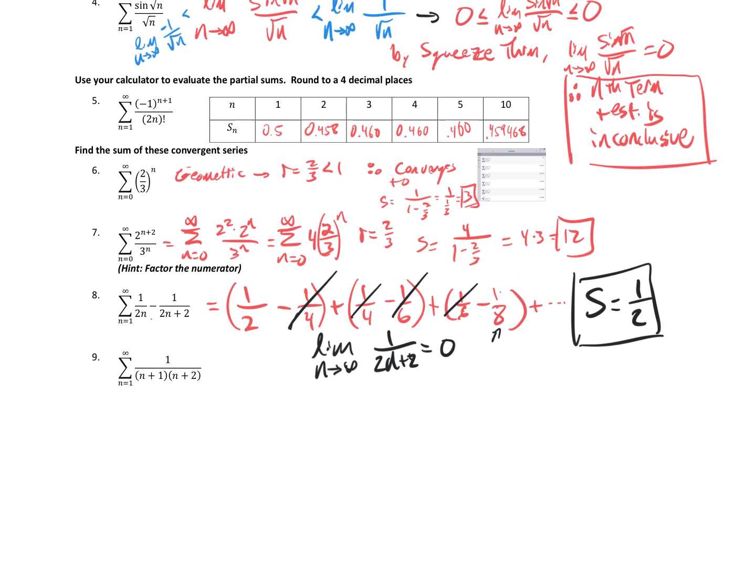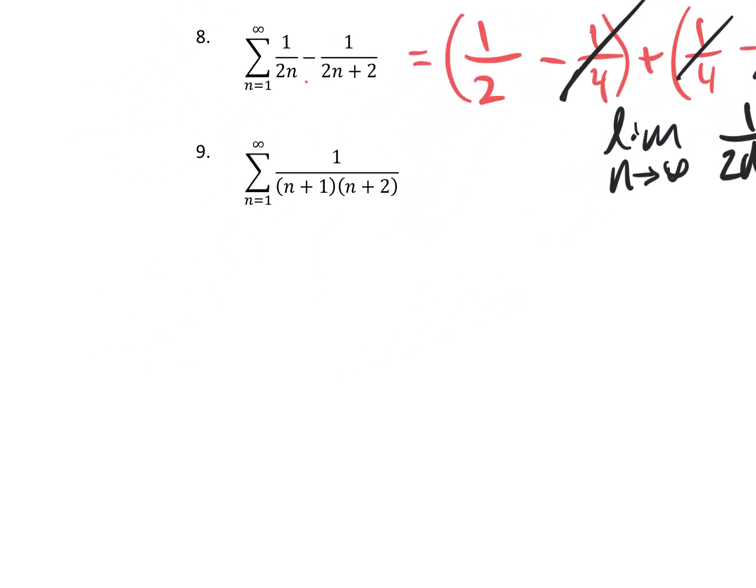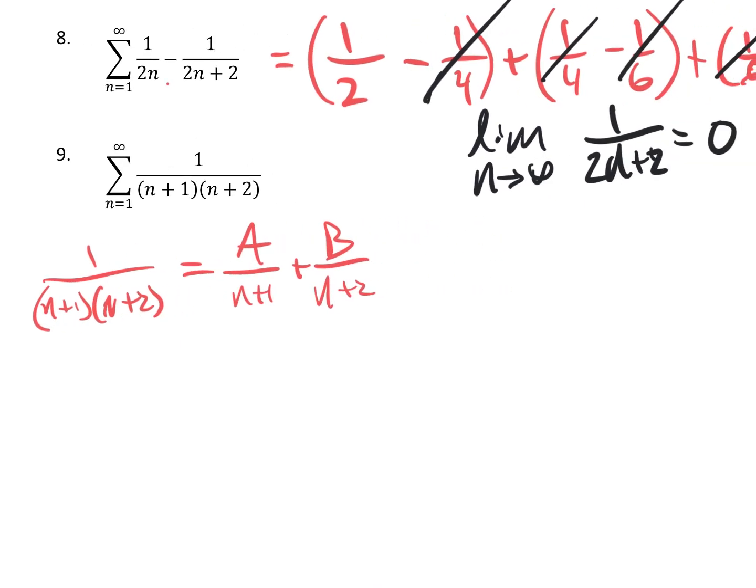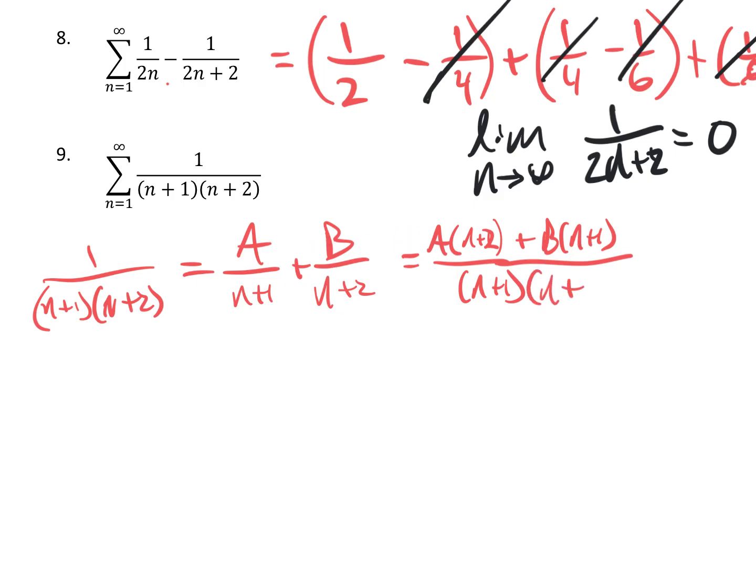So we can actually find the sum is the idea. Well, this looks like it's telescoping. In order to find that out, we have to use some partial fractions. So we say that 1 over n plus 1 times n plus 2 is equal to a over n plus 1 plus b over n plus 2, which is equal to a times n plus 2 plus b times n plus 1. We've done that quite a bit. We're just getting a common denominator, n plus 1 times n plus 2.